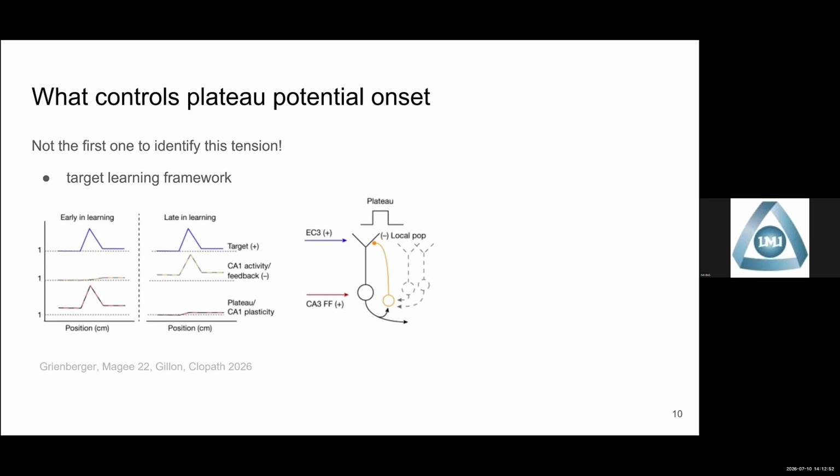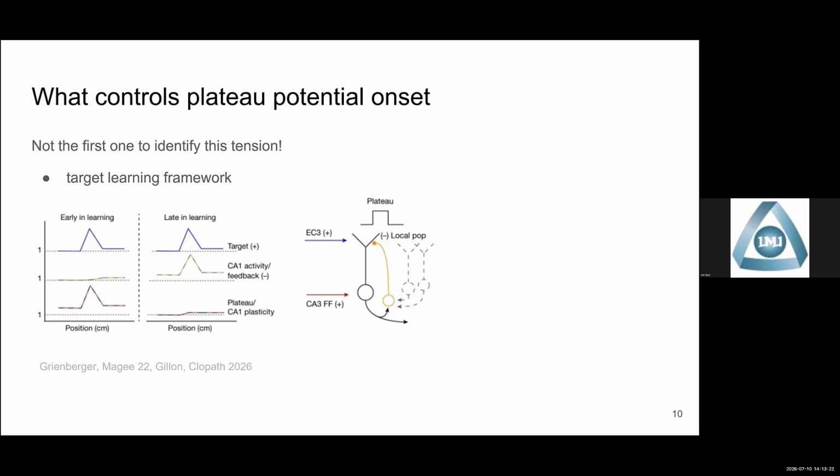The CA1 cell then wants to learn this input by adjusting its input to the basal dendrites. In order to learn something, or to know when learning is done, you need to somehow feed back the CA1 activity to say, actually, I don't need to learn anymore. I learned everything already, so the plateau potential probability goes down. But this, as I said, doesn't really fit the high variability of the EC3 input.